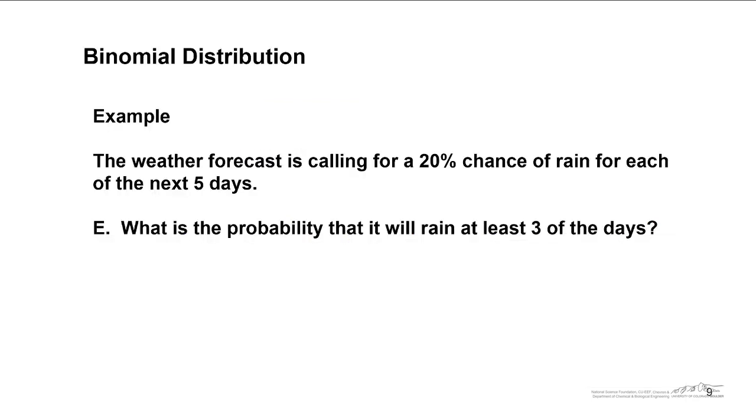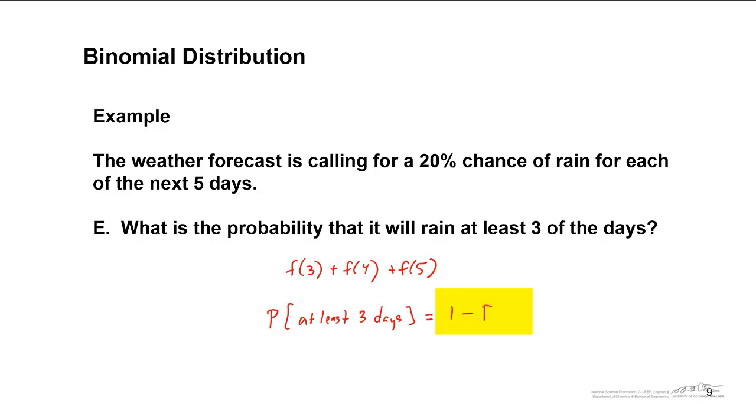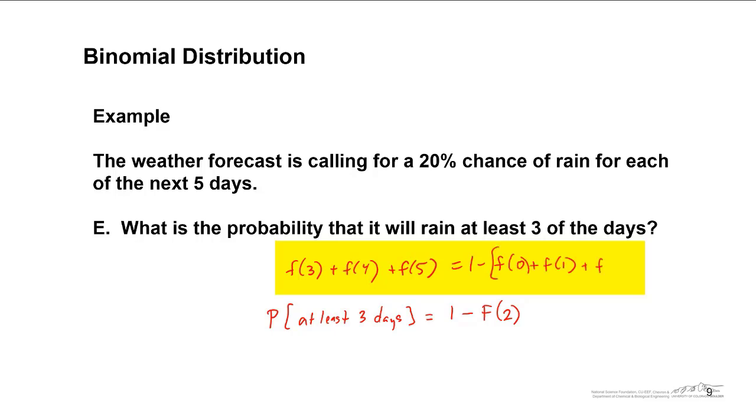The last part of this problem, my example, is what's the probability that it's going to rain at least 3 of the days? At least meaning f of 3 plus f of 4 plus f of 5. So each of those. Now this probability we can determine as 1 minus up to and including 2. So this is the same thing, 3 or more, 3, 4, 5, that's equal to 1 minus f of 0 plus f of 1 plus f of 2.